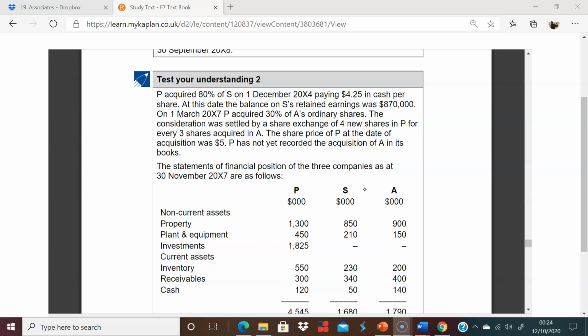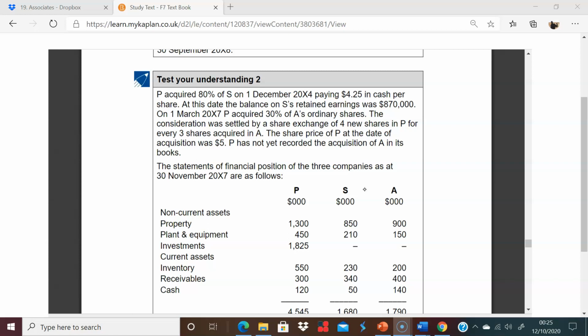So it says that, but how did you pay for these shares? Interesting here. The consideration was settled by share exchange of 4 new shares of yours for 3 shares acquired in A. So what we need to do is find the number of shares we acquired in A, and then find the ratio that we delivered to them. And they tell us what the share price of our shares is, which is £5.